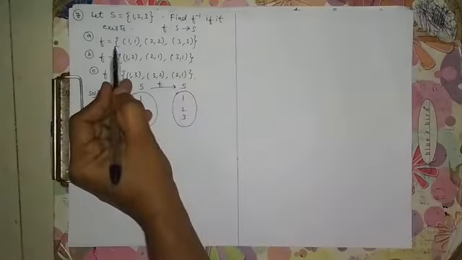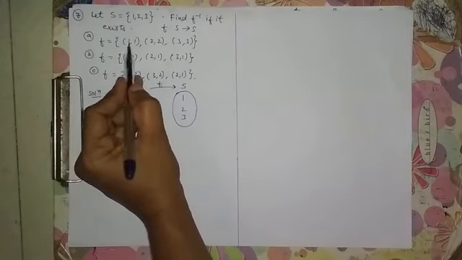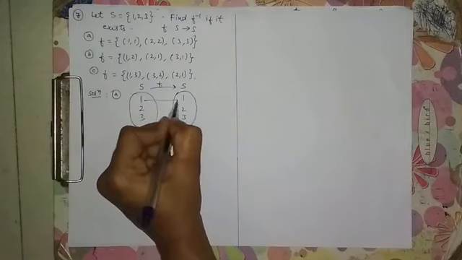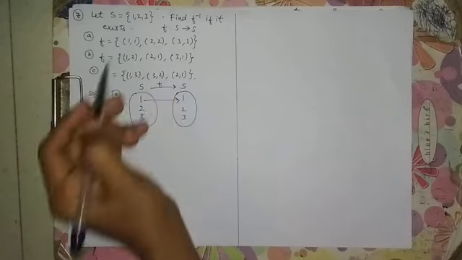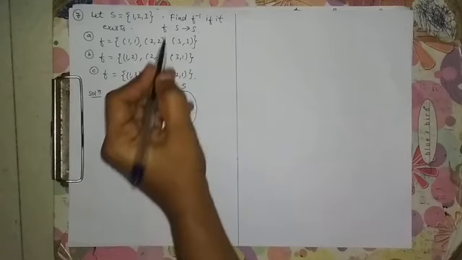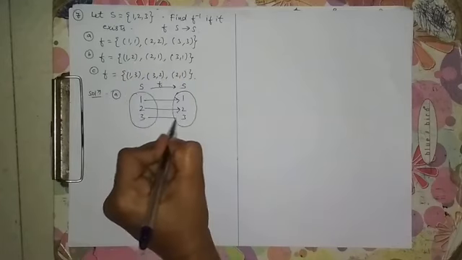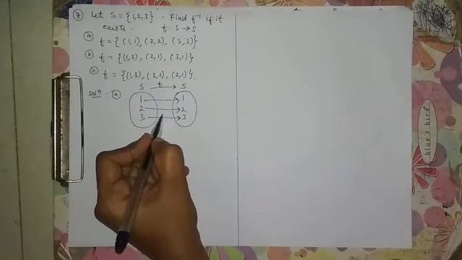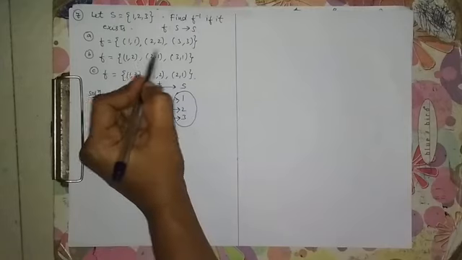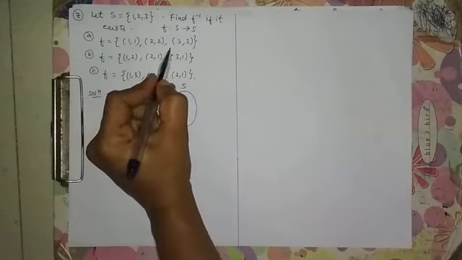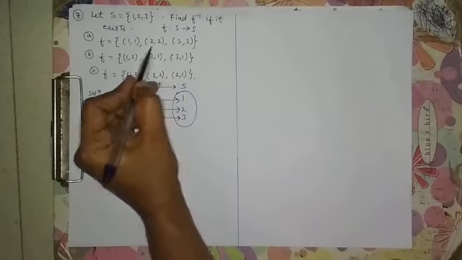So first question, how is the mapping? 1 to 1, 2 to 2, 3 to 3. With this diagram it is easy to find whether it is one-one or onto.